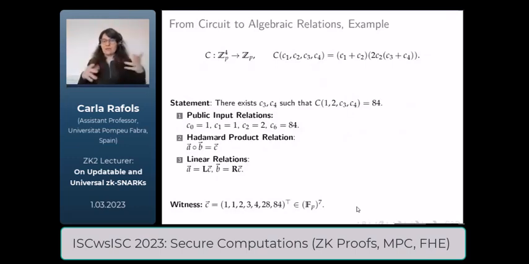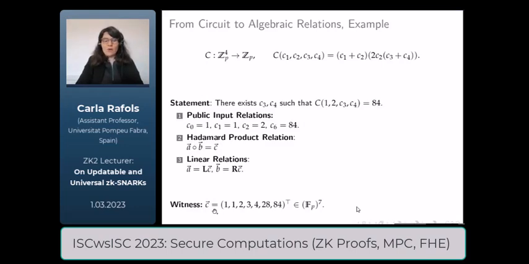Three inputs are public, and the rest are not public, and all this will evaluate to 84. Okay, and this breaks down my statement into 3 parts. A public part, some public input relations. I will not talk too much about this, but just to illustrate that these are the types of statements that I want to prove, with this quadratic and these linear relations, okay?